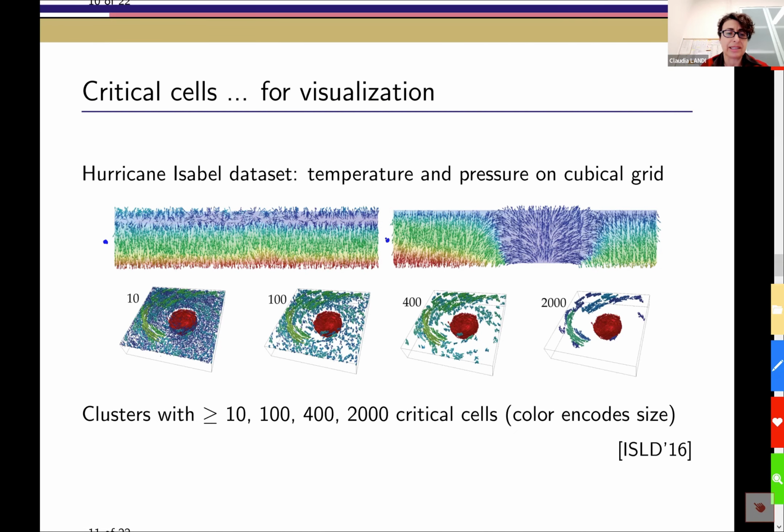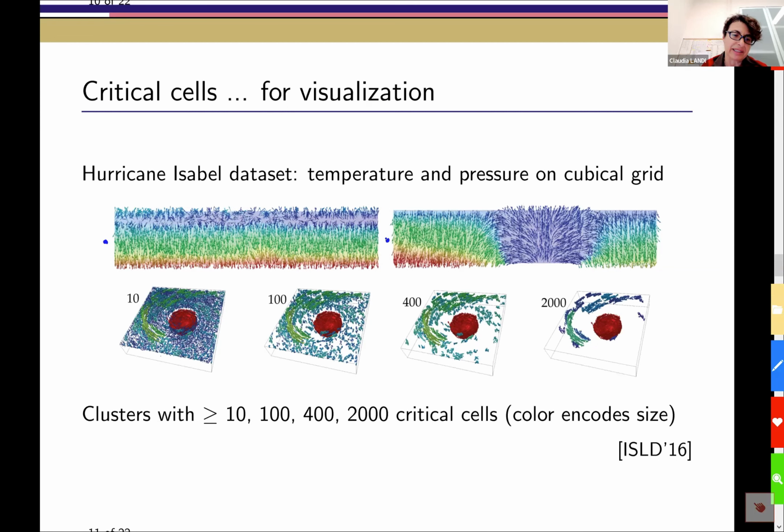We study these two gradients together, we computed the combined gradient, and we computed the critical cells.